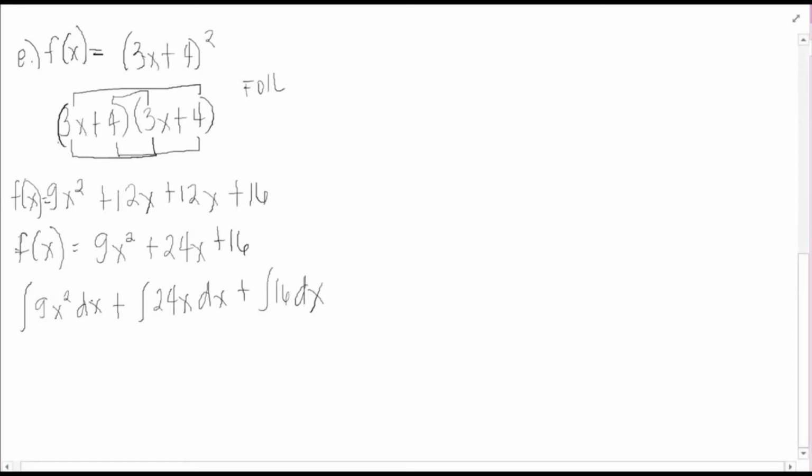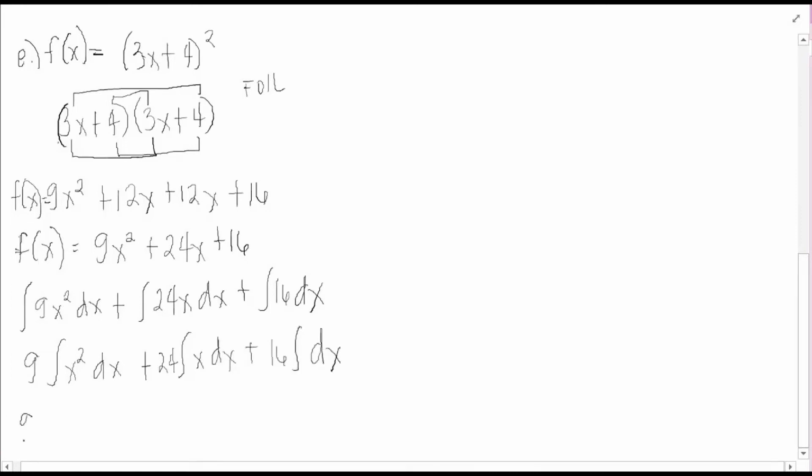So, gagamitin ulit natin yung multiplication by constant and then yung power rule. So, i-isolate natin yung constant and then integrate yung function and then plus 24 and then x dx plus 16 the integral of dx.